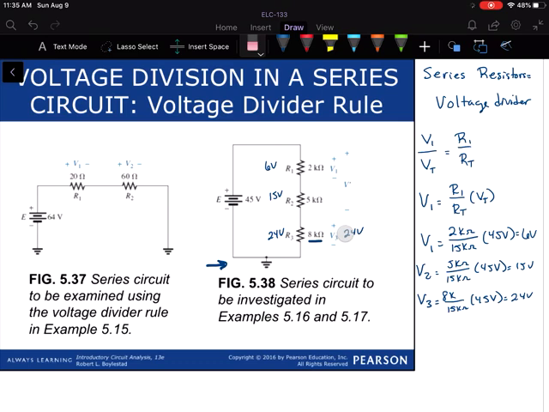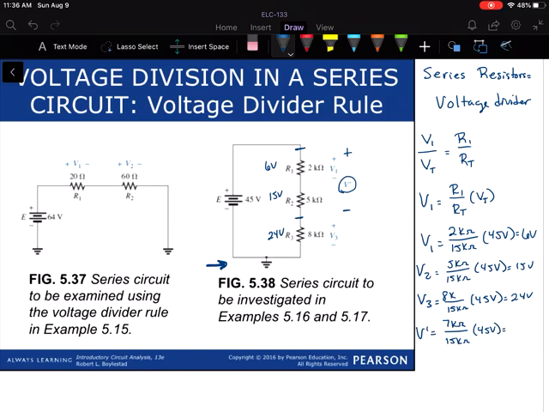And then I'm going to erase this because we're also looking for this V prime, which appears to be the voltage across not only the 2K, but across the 5K as well. So this whole portion of the circuit is where we're looking for the voltage drop. So for V prime, that would be the resistance across that whole area divided by the resistance of the whole circuit times, again, the 45 volts.